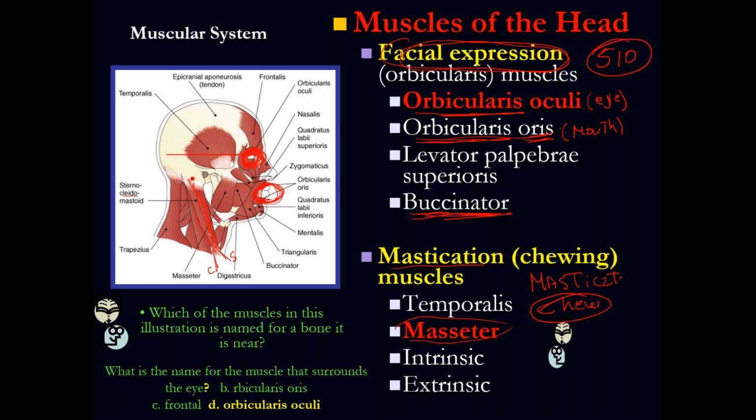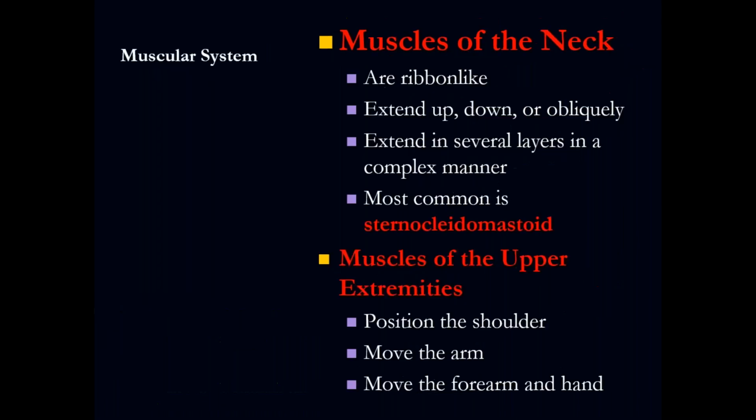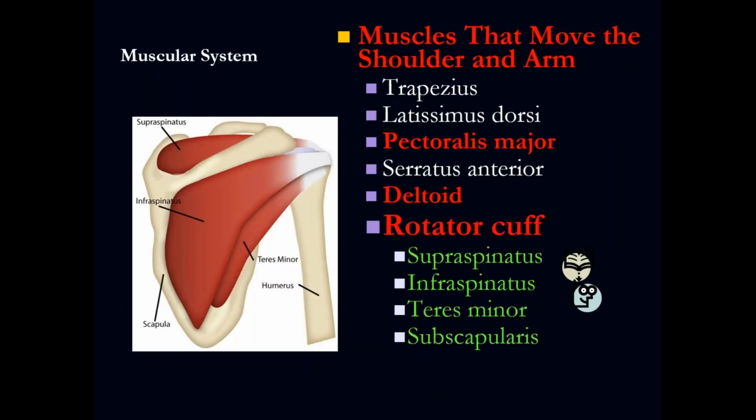When you say no, for example, you're using your sternocleidomastoid. When you are looking around, right and left, you are actually using your sternocleidomastoid. When you lean your head over the pillow, you're also using your sternocleidomastoid. Okay, that is sternocleidomastoid.